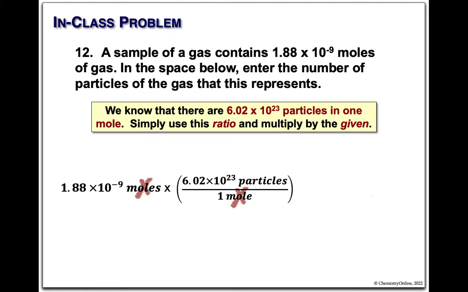I actually will have school calculators available if you forget, but I don't know how to use those either. So bring your own, one that you're happy with. 1.88 times 10 to the minus 9 times 6 times 10 to the 23rd. 1.13 times 10 to the 15.